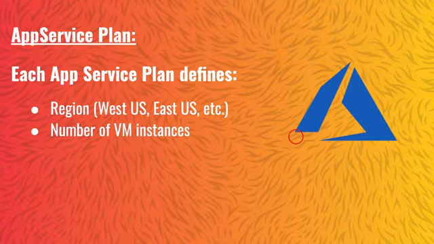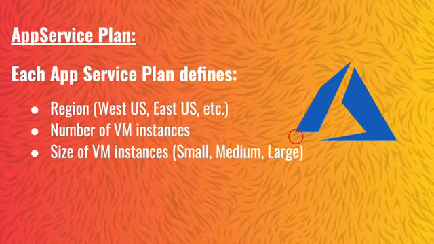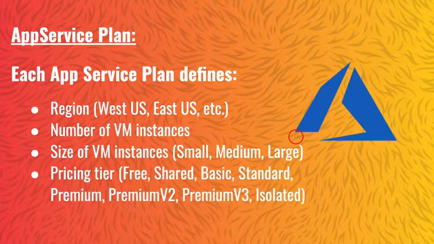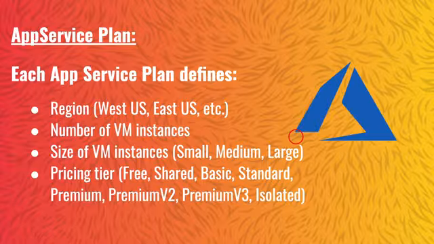So that is the nearest region. Then the number of virtual machine instances. Now after that, the size of virtual machine instances, either small, medium or large. Then the pricing type. In the pricing type, we have different options here, guys. Initially you will get the free type, and after that you have to go to shared or basic or standard or premium like that.